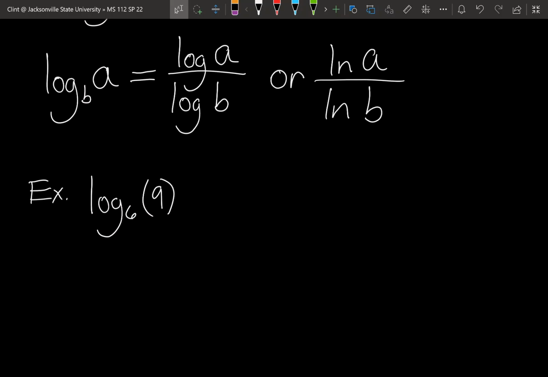A lot of them don't. So we could either use the natural log or the common log to figure that out in our calculator. If we did natural log, that'd be ln of 9 over ln of 6. And we could punch that in our calculator.